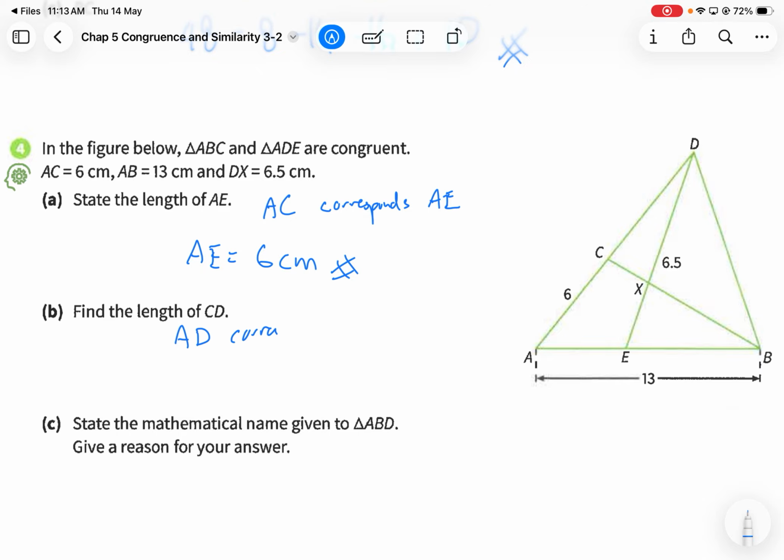AD corresponds to AB. So AD is equals to 13 cm. If AD is 13, then you will be able to find CD. CD equals to AD minus 6, so equals to 7.